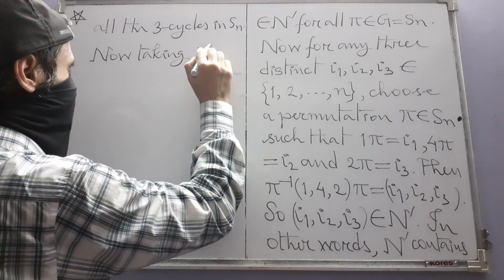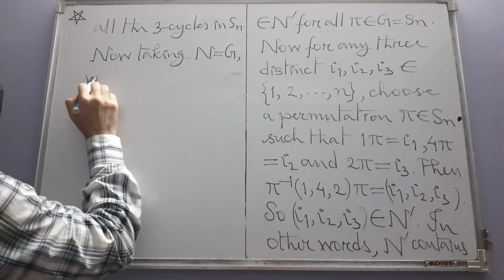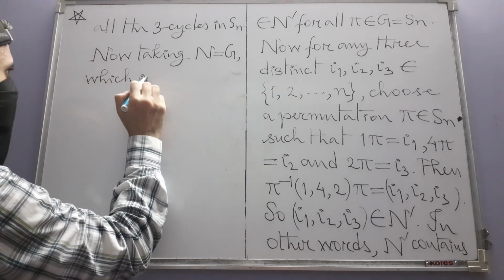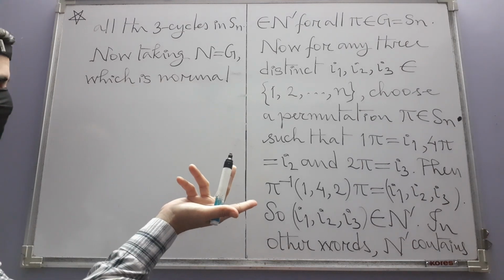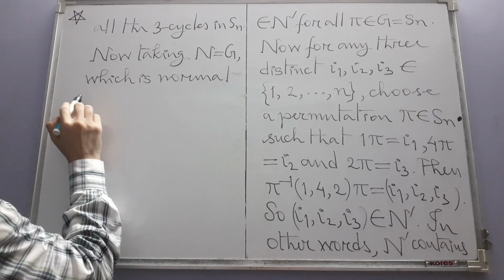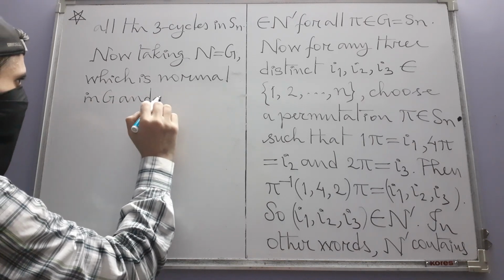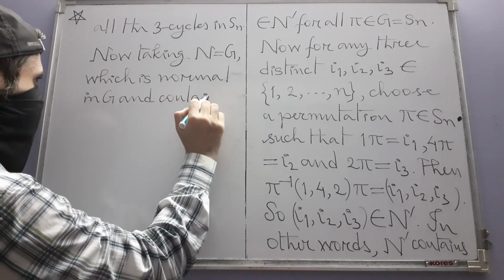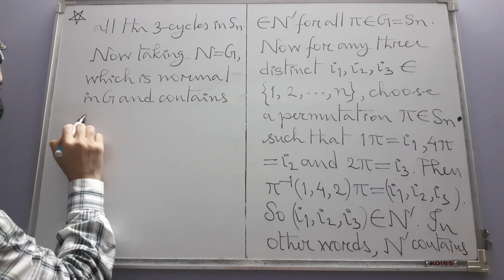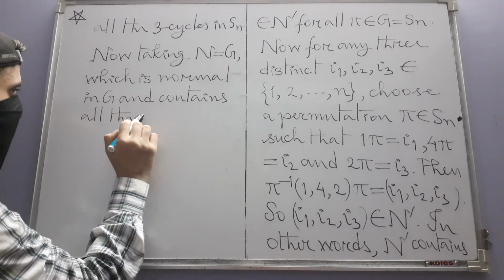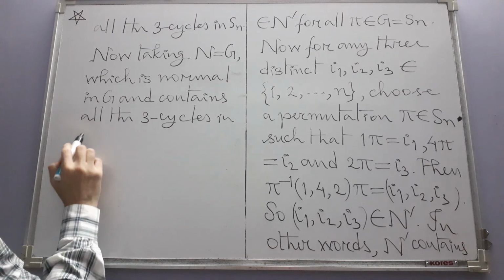Taking N equal to G, which is, first of all, this N of course is normal in G because G is normal in itself, and contains all the three cycles in Sn.